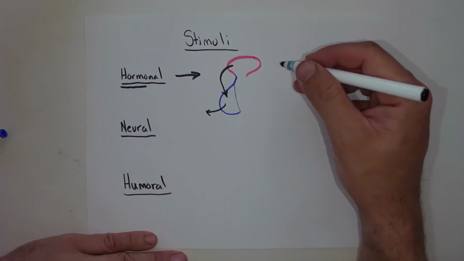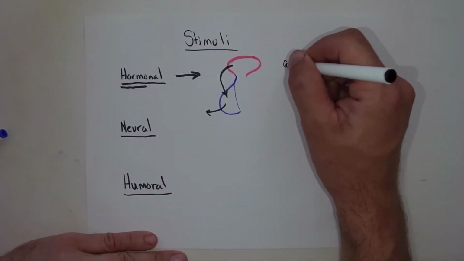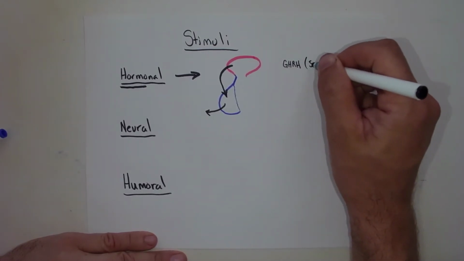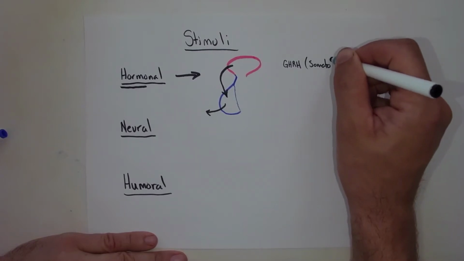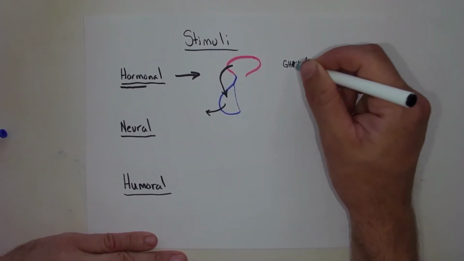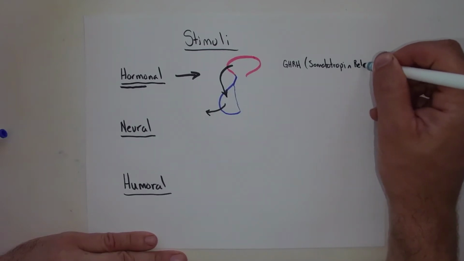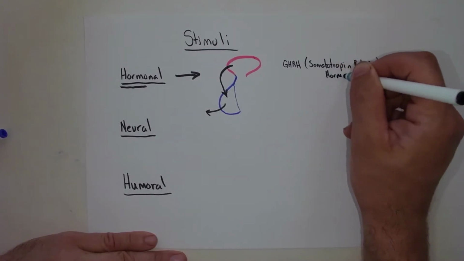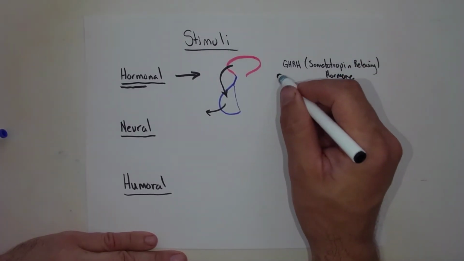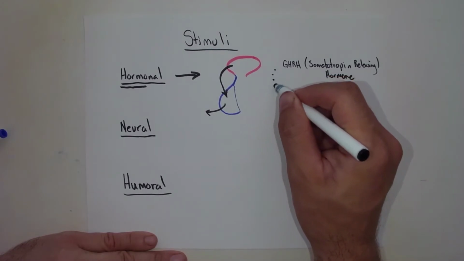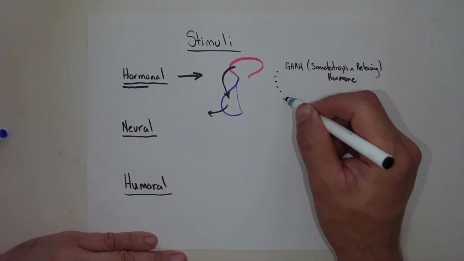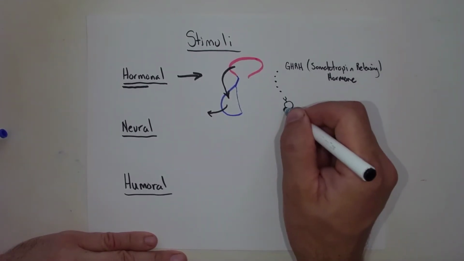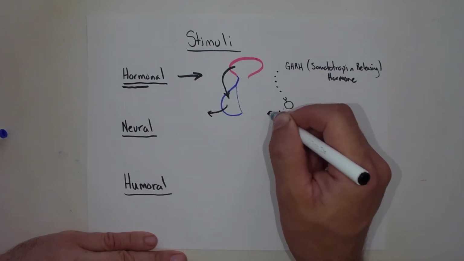For example, when growth hormone releasing hormone, or somatotropin, that's another name for growth hormone releasing hormone, binds to a cell in that anterior pituitary, causing that cell to release a hormone of its own.